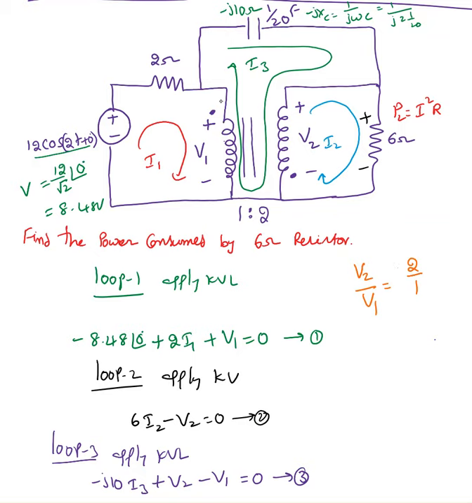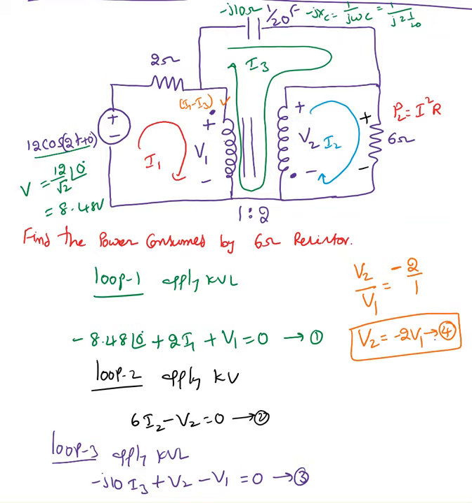Assume that the current here is I1 minus I3. That current is entering the dot, so the dotted terminal must be positive. Do I have the positive there? No, negative. So V2 equal to minus 2 V1. This is my fourth equation.